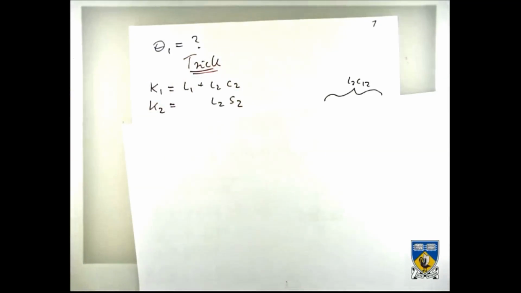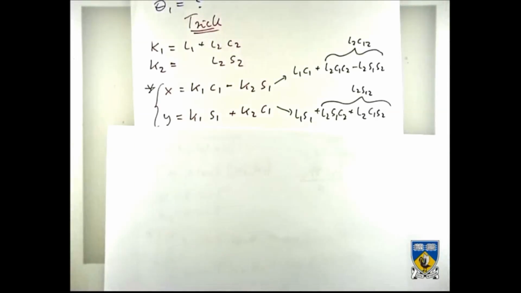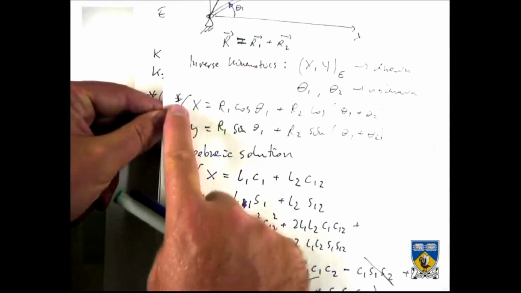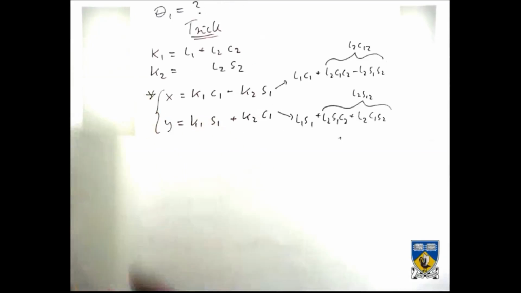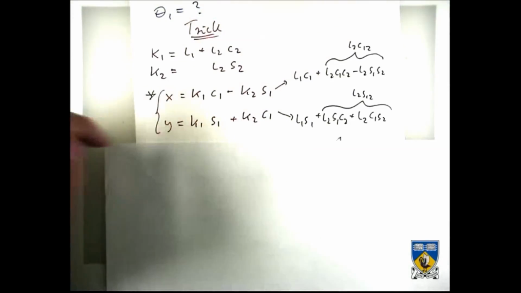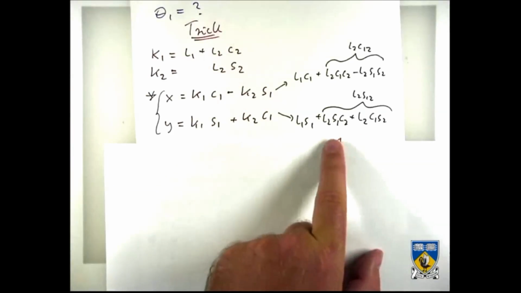K1 equal to L1 plus L2 times C2, and K2 equal to L2 times S2. Okay? And therefore, the original equations for x and y, which are the green ones here, with a star, okay, so this is the same star equation, will be K1 C1 minus K2 S1 and K1 S1 plus K2 C1, which can be confirmed.